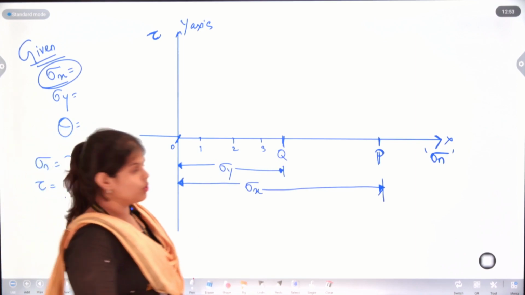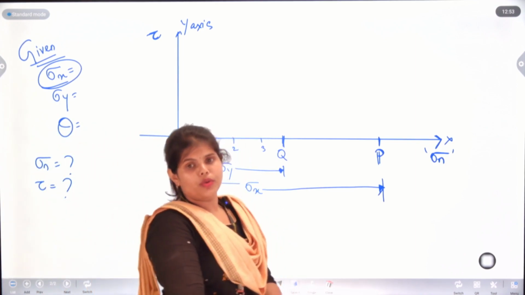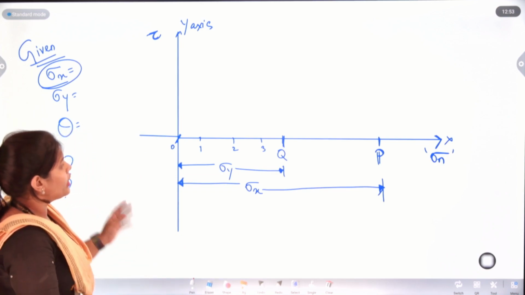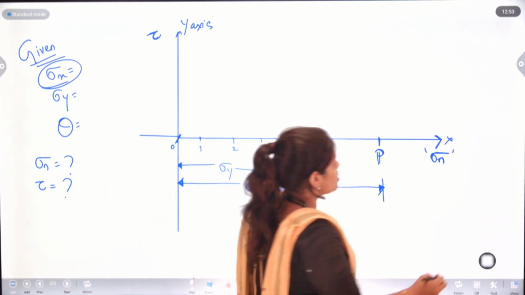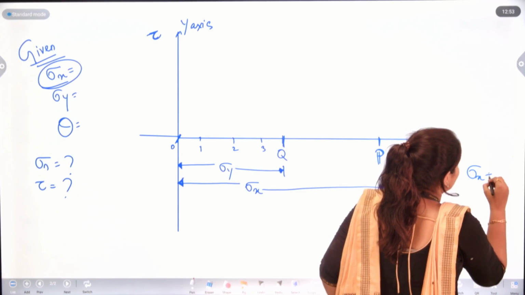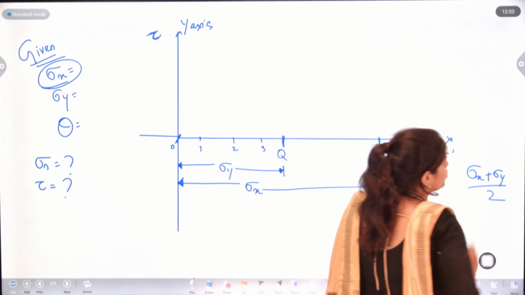Next, we will see how the Mohr circle occurs. We need to find the value of sigma x plus sigma y upon 2.